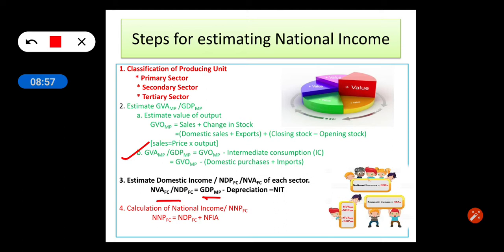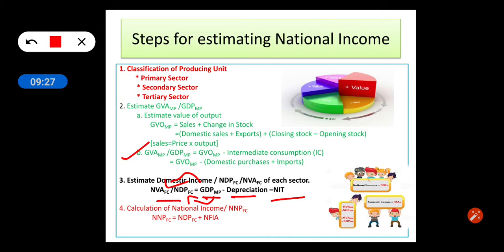Gross to net means we subtract depreciation, and to convert MP to FC, we have to subtract NIT. So in the calculation of domestic income, if we subtract depreciation and NIT from GDP MP, we get domestic income.